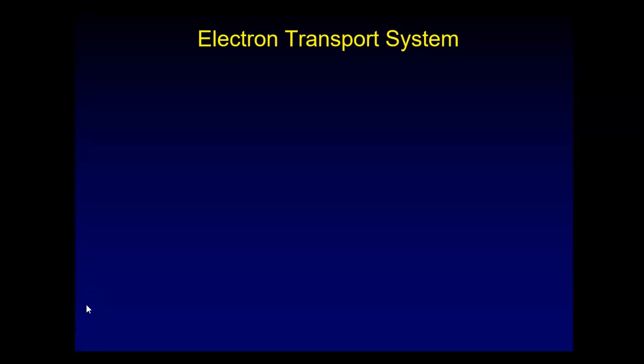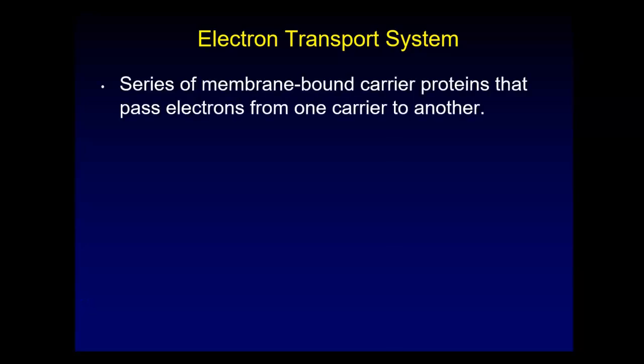And this is where those coenzymes will be transporting and dumping off the electrons and the hydrogen ions. All right, so again, it is a series of membrane-bound carrier proteins that pass electrons from one carrier to another carrier, then to the next carrier.